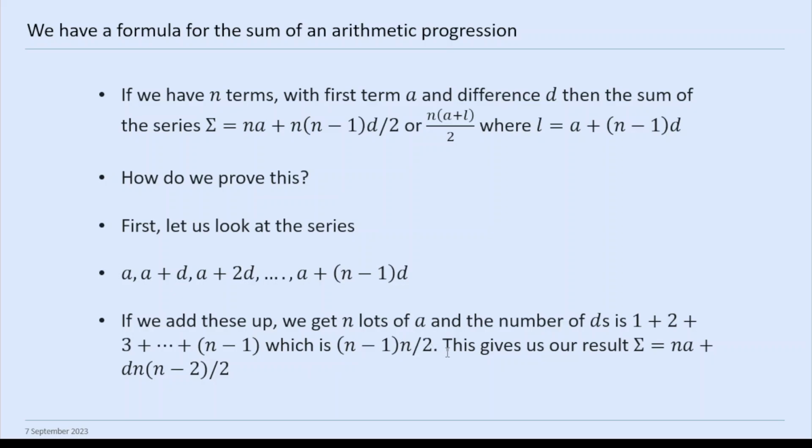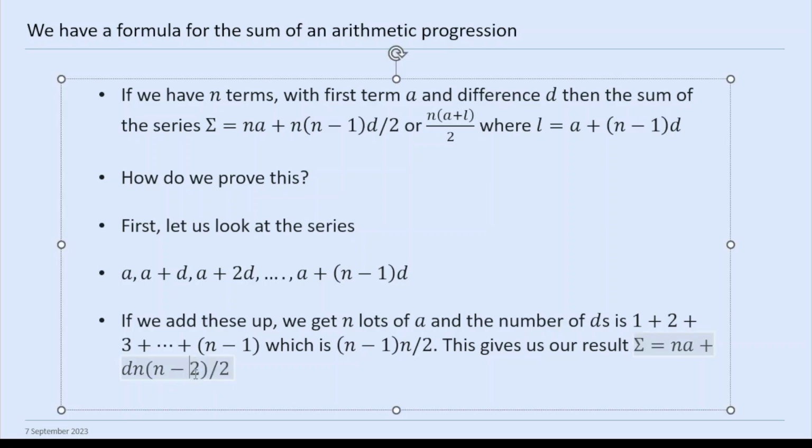We'll prove that on the next page. And then this immediately gives us our result, which is sigma, which is just an algebraic way of saying the sum, is n lots of a plus d times (n minus 2). That can't be right. n minus 2? No, n minus 1. Come on, we can correct this. (n minus 1) over 2.